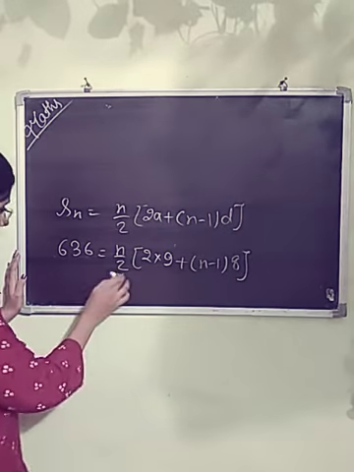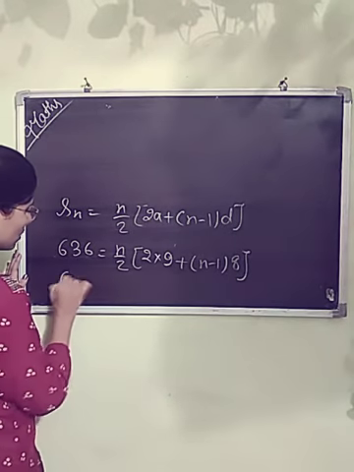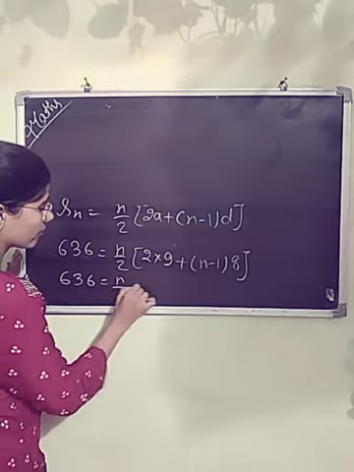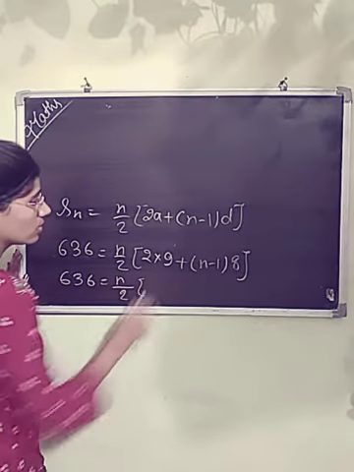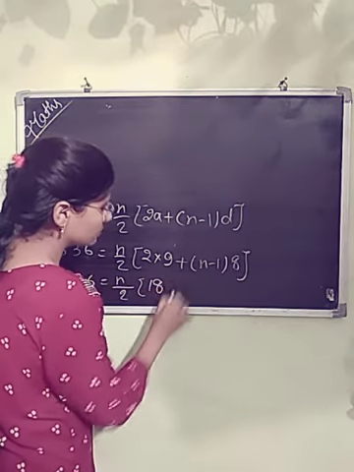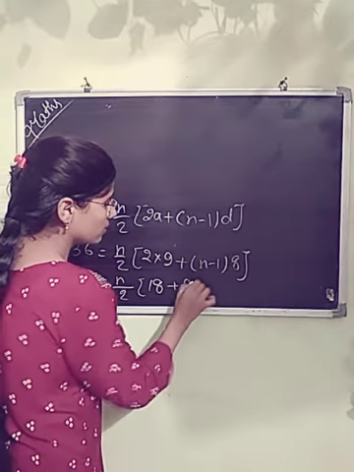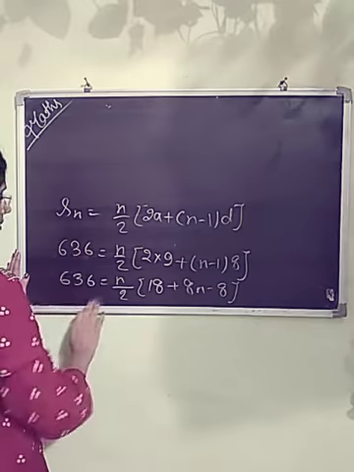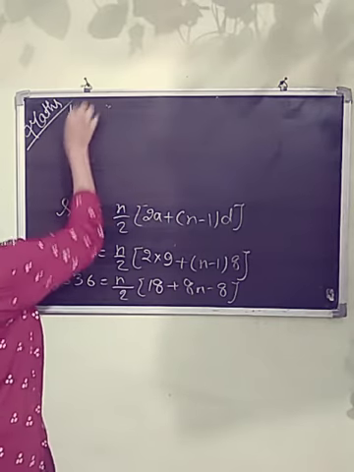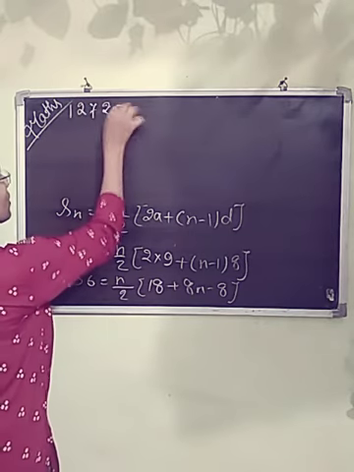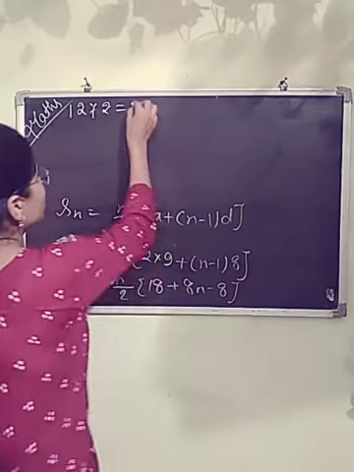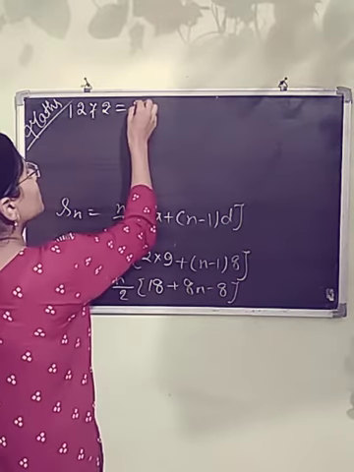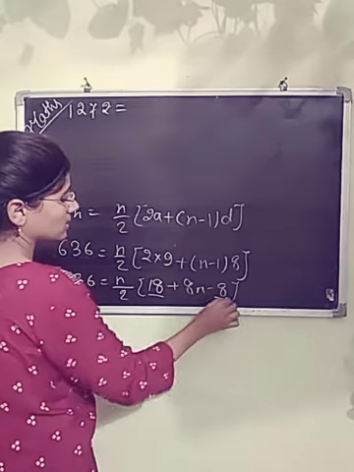So next is n by 2. You can multiply it, and the rest you can transpose over here. Then further you can write, see, 18 minus 8 equals 10.